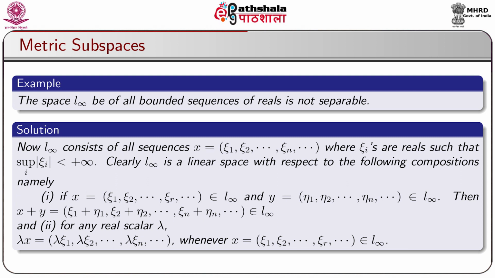And for scalar multiplication, if we take a real scalar lambda, then lambda x = (lambda ξ1, lambda ξ2, ...) whenever x is an element of L infinity, which is again a sequence in L infinity.